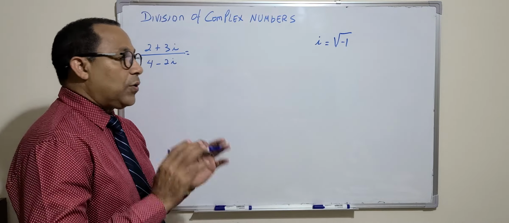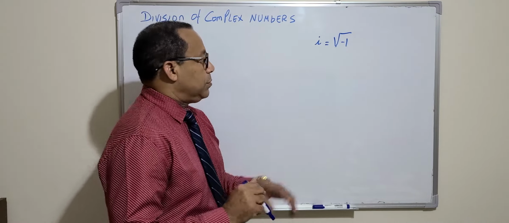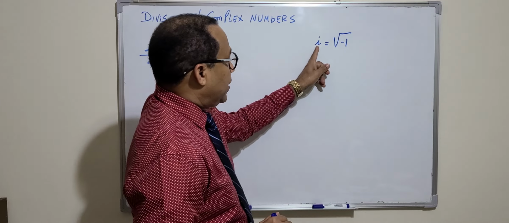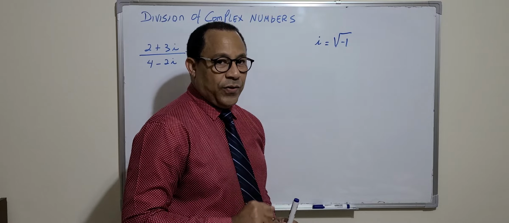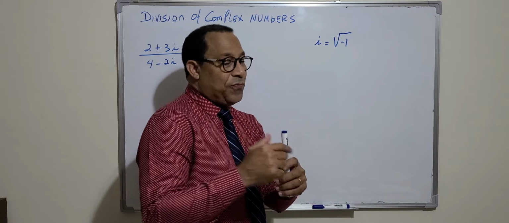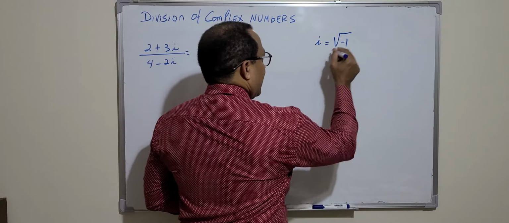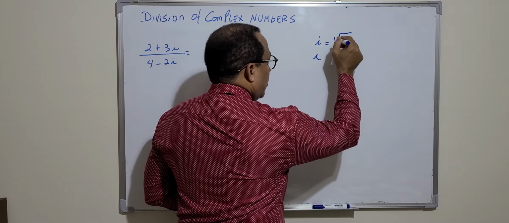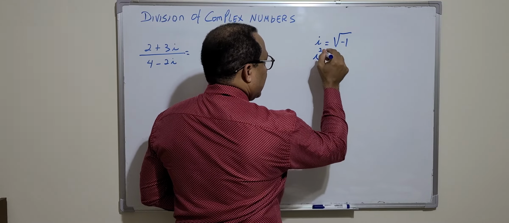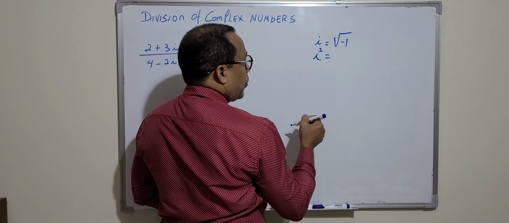And it's always good to know that i is the same as the square root of -1. And therefore, if we replace the radical, it will cancel out and it will become a power.